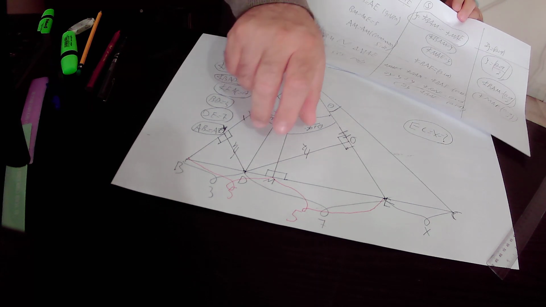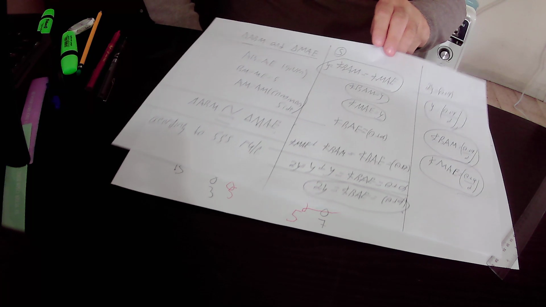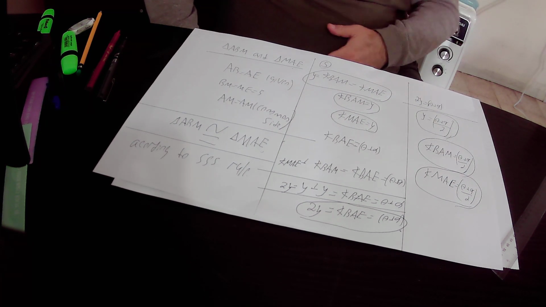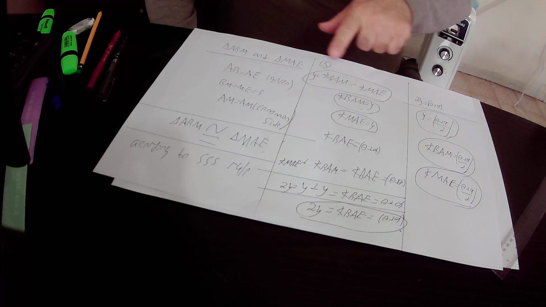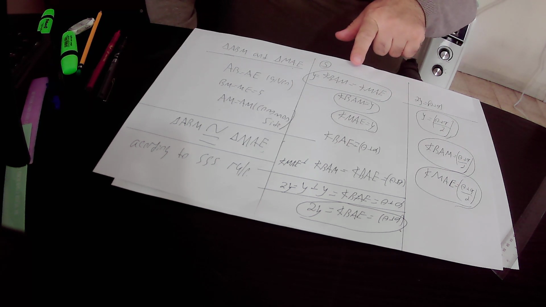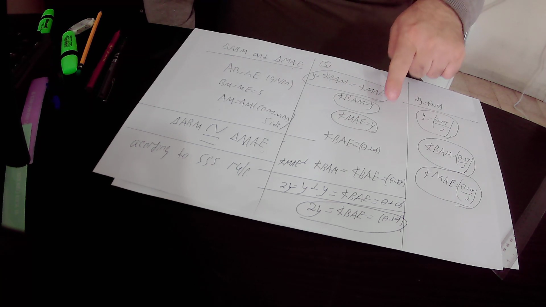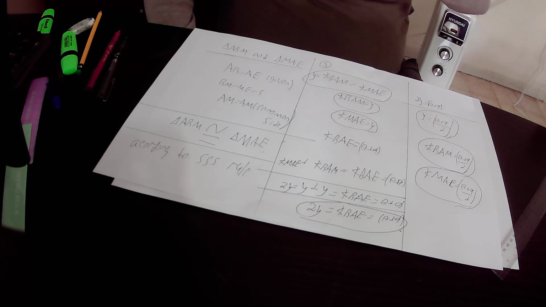Those two triangles can go into each other, therefore the corresponding angles will also be equal. If we define angle BAM as y, then we conclude that angle MAE is also equal to y.